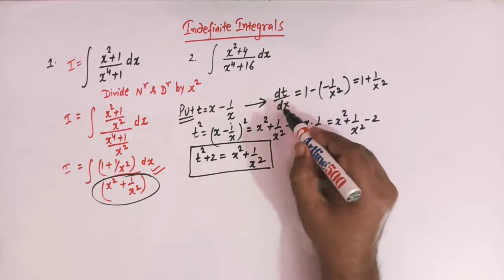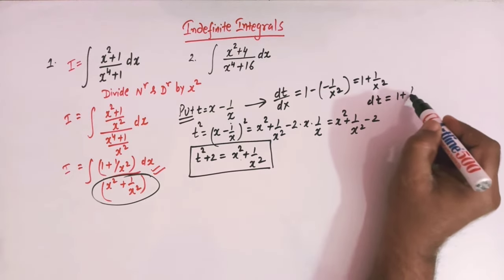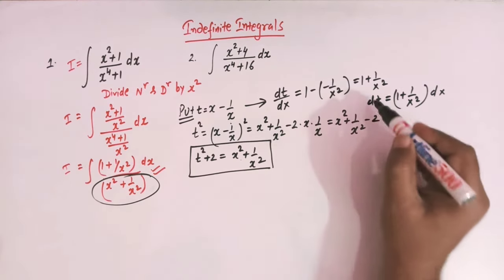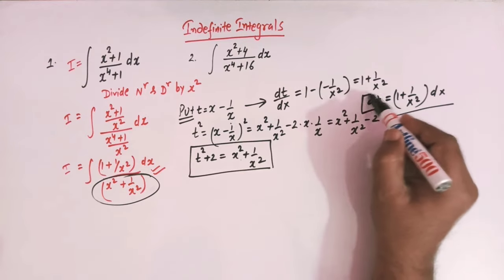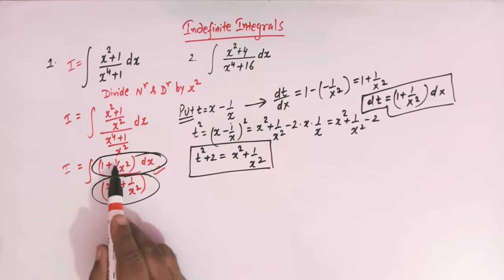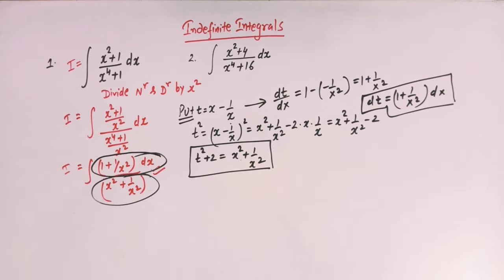If we take dx to this side, we have dt is equal to 1 plus 1 over x square dx. So we can replace the term 1 plus 1 over x square dx by dt.